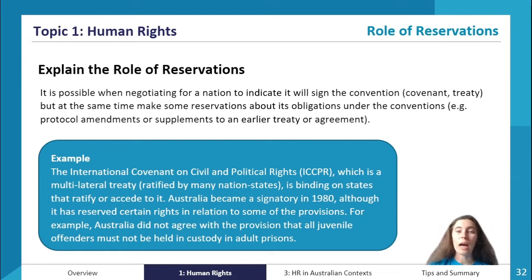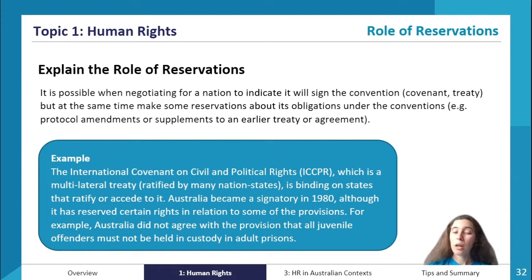So let's have a look at an example. The International Covenant on Civil and Political Rights, or the ICCPR, is a multilateral treaty, so it's ratified by many nation states, more than two, and it's binding on states that ratify it. Australia became a signatory in 1980, but it has reserved certain rights in relation to some of the provisions.